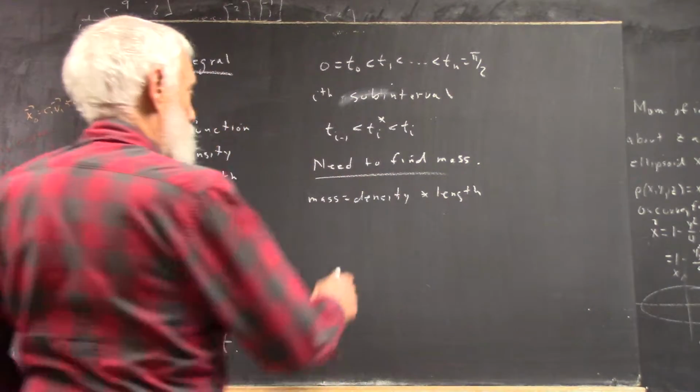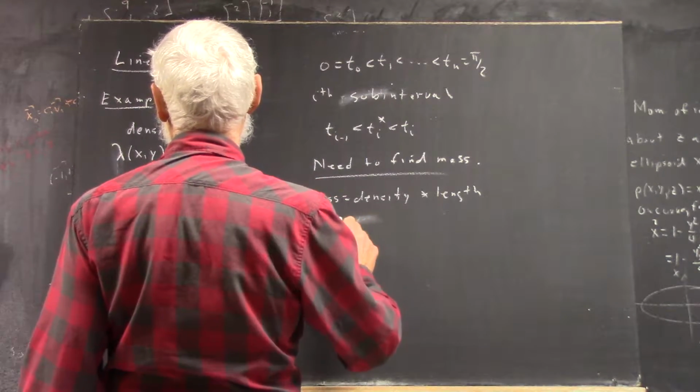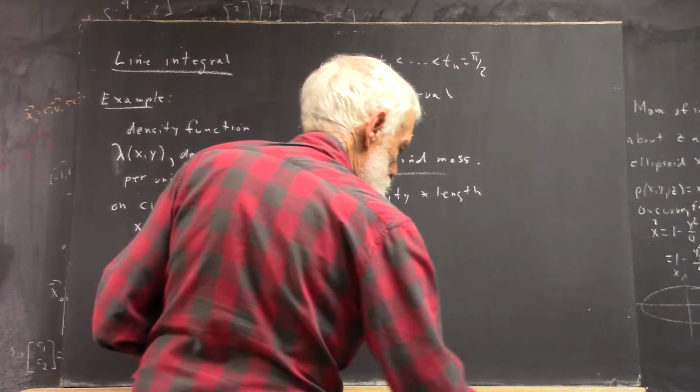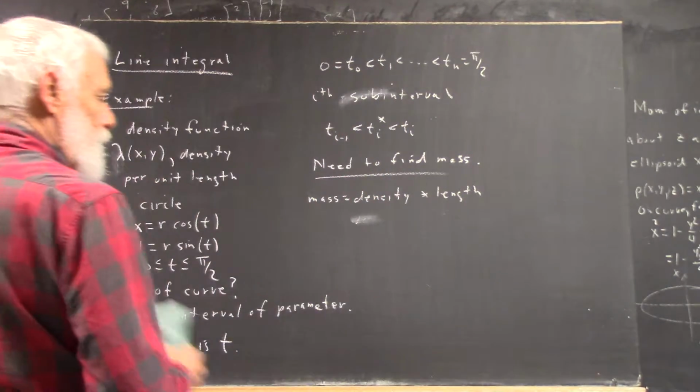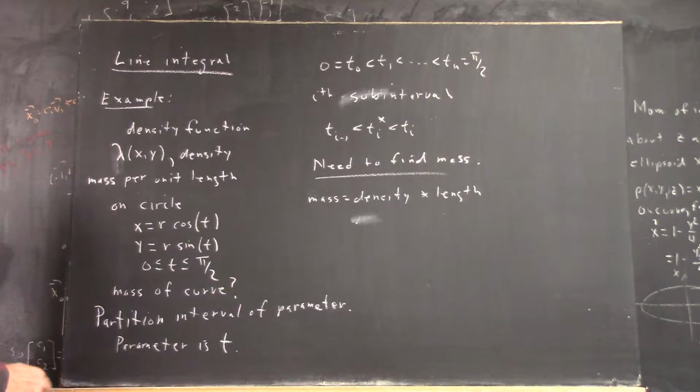Okay? So let's just, for mass, I said this is density, and the density is mass per unit length.